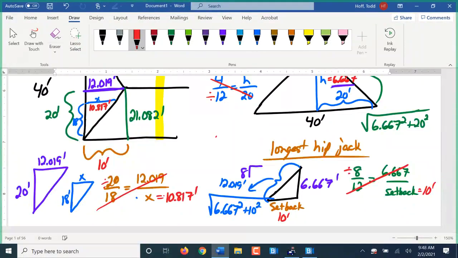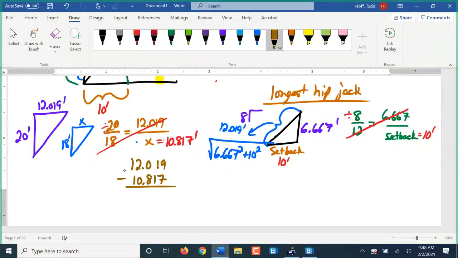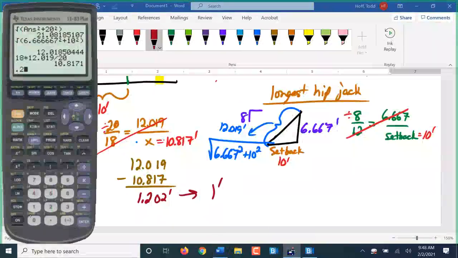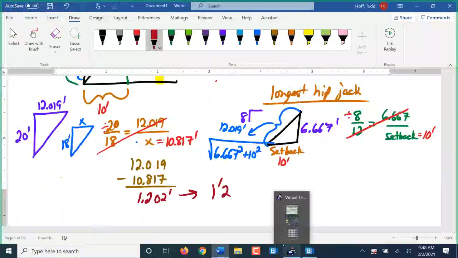Now we'll subtract to get that decrease. 12.019 minus 10.817 gives 1.202 feet, which is 1 foot. 0.202 times 12 is 2.424 inches. So 2 inches.